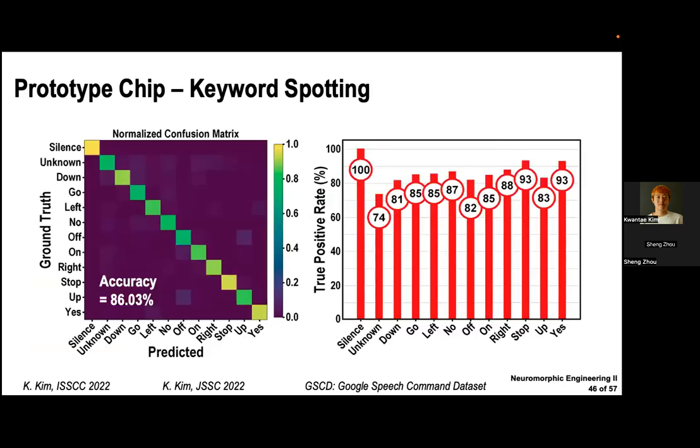And here we also analyze the keyword spotting accuracy with the confusion matrix shown on the left slide. The accuracy number was higher than 86% over 12 classes, such as silence, unknown, down, go, left, and so on.